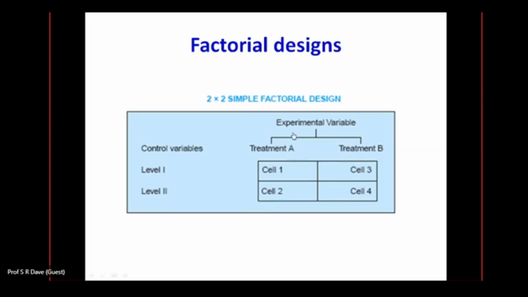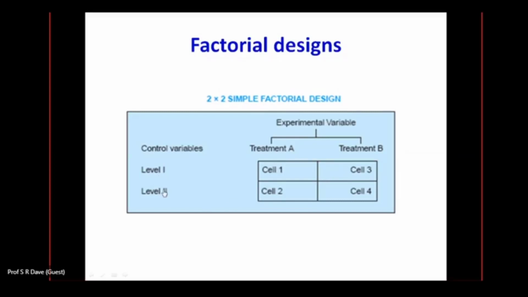As you can see, treatment A, treatment B, the experiment variables and level 1 and level 2. So level 1 we can say low level, and level 2 we can say high level. So in the first, what I am studying is treatment A at low level, treatment B at low level. In the next experiment, treatment A is low level, treatment B is high level.